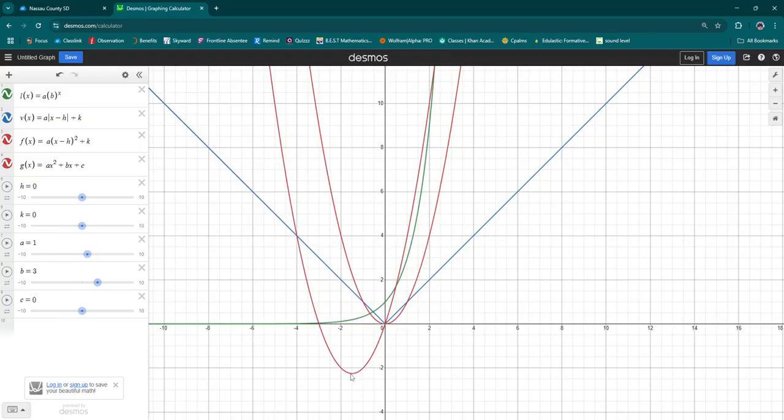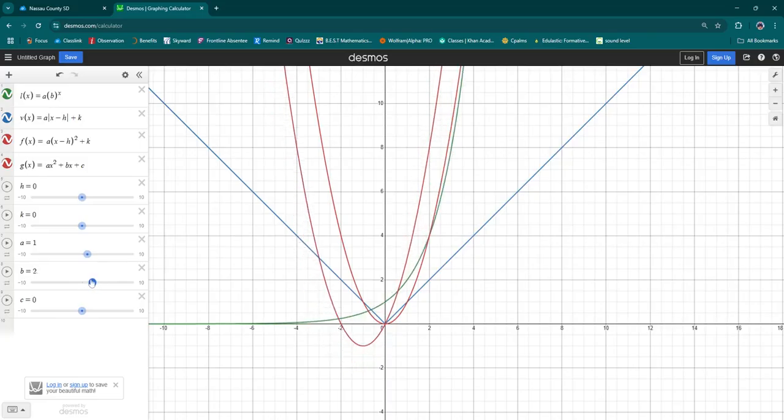It's even weirder. So the b term in g sub x is not as intuitive as the rest of the ones. So I'm not going to talk too much about shifting the b term in a quadratic equation, these parabolas right here. I'll keep that there at 2.